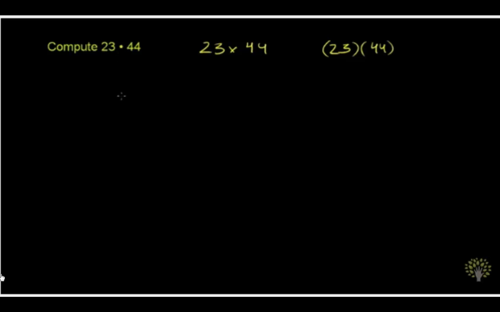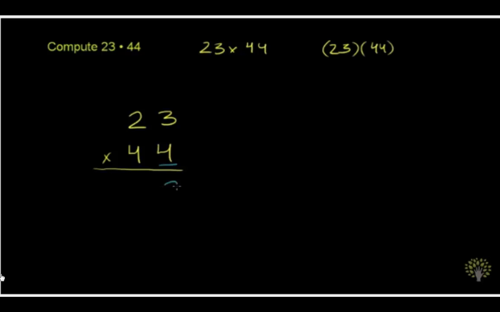So now that we know we're multiplying, let's actually do the problem. I'll write it bigger. We're going to multiply 23 by 44. And I'll write the traditional multiplication sign there just so that we know we're multiplying. When you write it vertically like this, you very seldom put a dot there. So let's start off multiplying this 4 in the ones place times 23. 3 times 4 is 12.